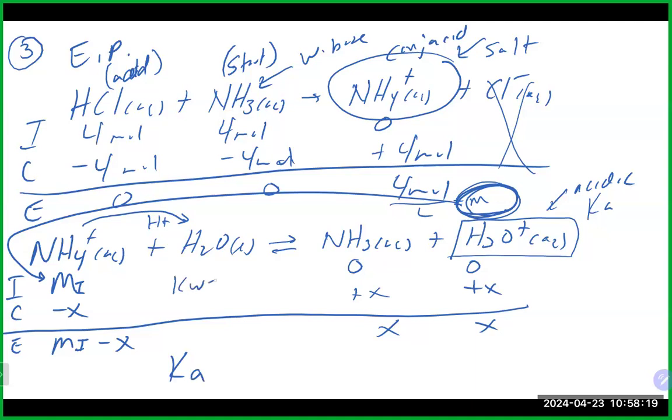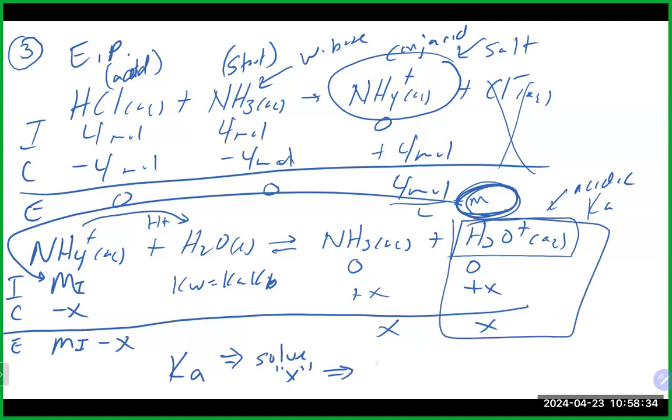So once again, probably a Kw, Ka times Kb you're going to need to use to reverse that. In this case, though, we would then solve for x once we have the proper K value. And in this case, that actually does equal the H plus concentration, which means you go right into your pH equation at that point.